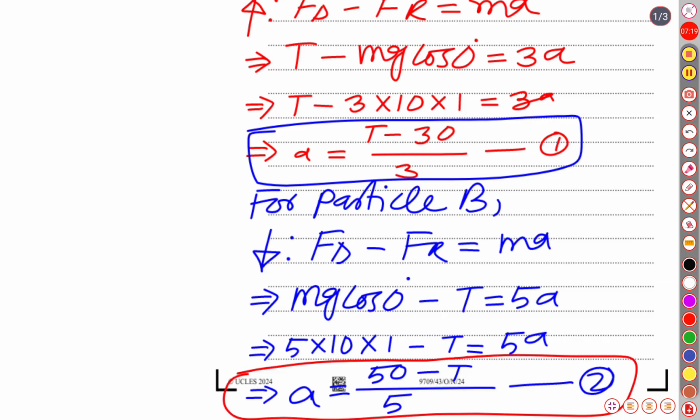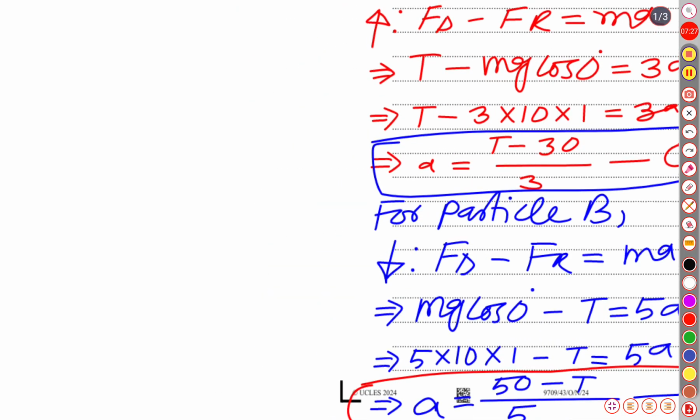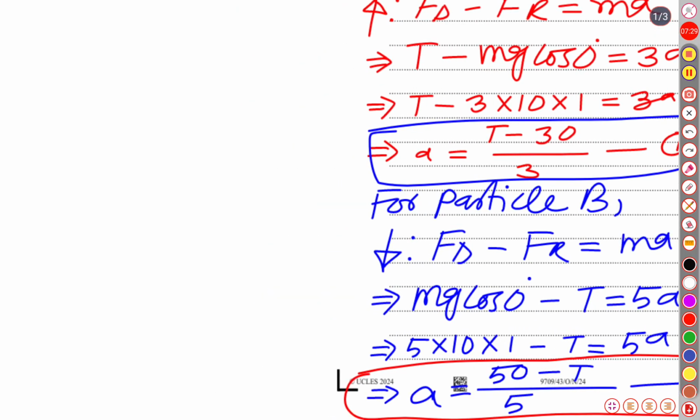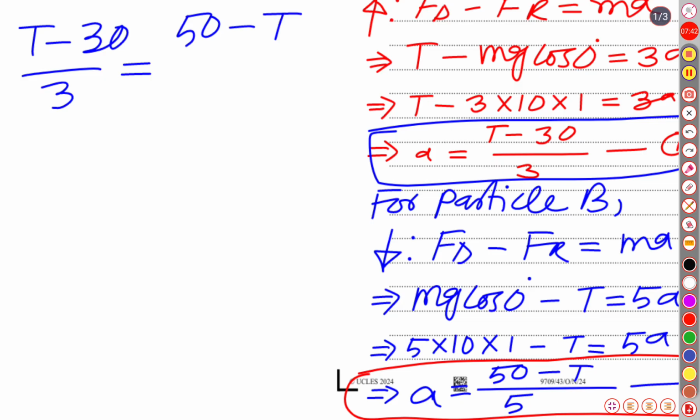Both of them have a on the left side, so we are going to write that (T minus 30) over 3 is equal to (50 minus T) over 5.